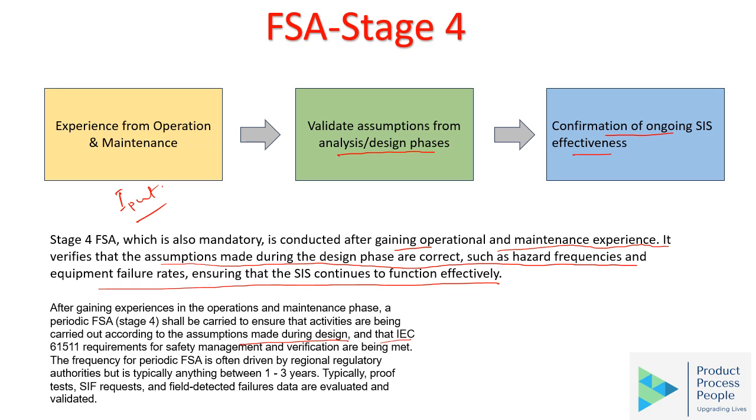And IEC 61511 requires that safety management and verification be carried out. The frequency for periodic FSA is often driven by the regional regulatory authorities, but is typically anything between 1 to 3 years. Typically, the proof test, SIF demand, and field detected failure data are evaluated and validated in stage 4.